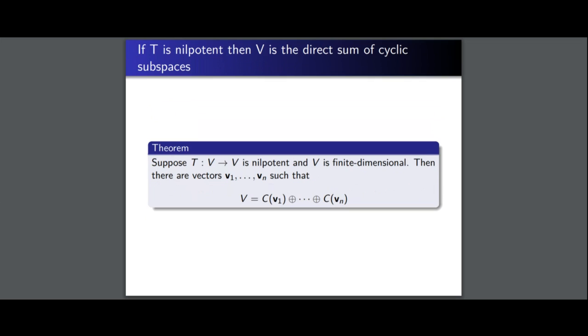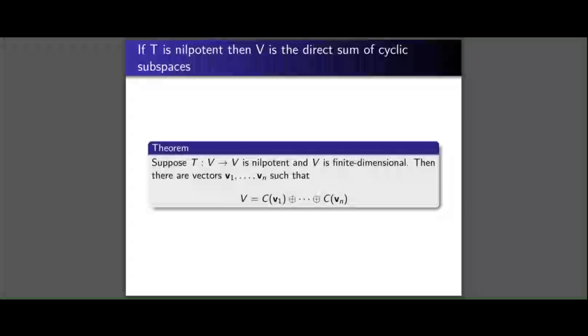Okay, so that's our plan. We want as many Jordan blocks as we can get. And to do that, we have this theorem. It says if we have a nilpotent linear transformation on a finite dimensional vector space, then V is the direct sum of cyclic subspaces.